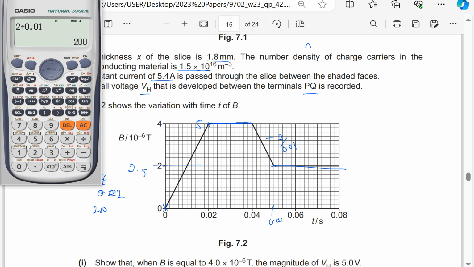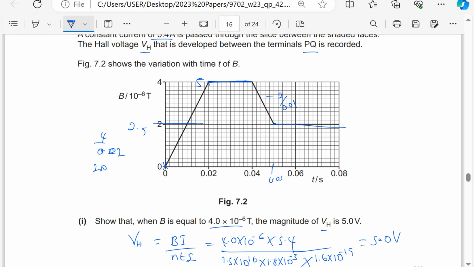So the gradient is the same. It means the EMF is the same in magnitude. The EMF is the same in magnitude, but this gradient is positive, the other gradient is negative. Of course, I'm leaving out the 10 power negative 6.